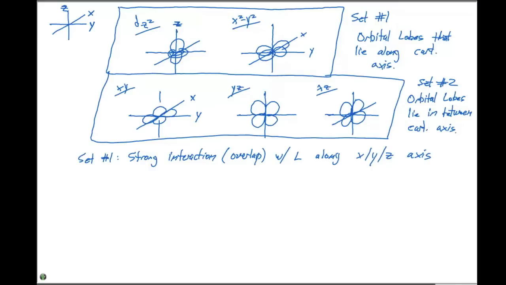And likewise, we would have a weak interaction with ligands in between the axis.